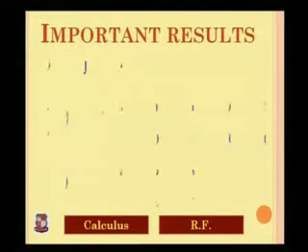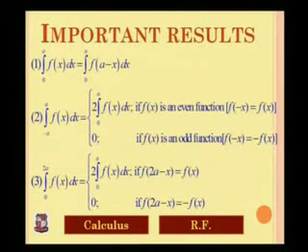Now, some important results. These results will be helpful to solve integration problems based on the reduction formula. These are some standard integration methods. First result: the integration from 0 to a of f(x) dx is equal to the integration from 0 to a of f(a minus x) dx.